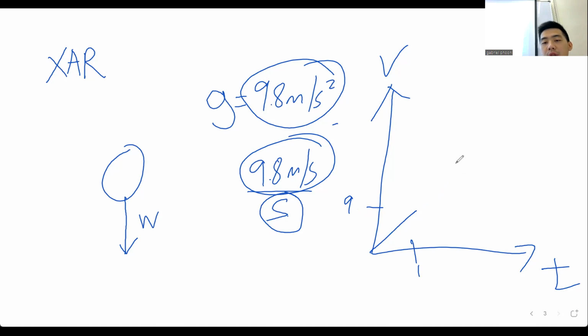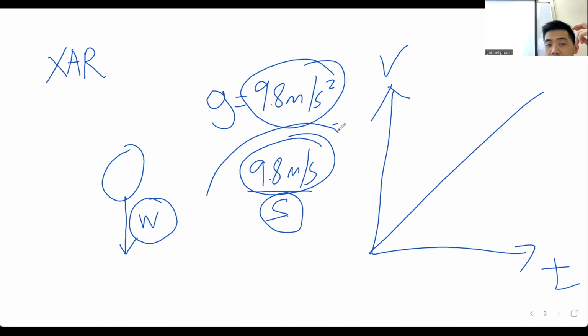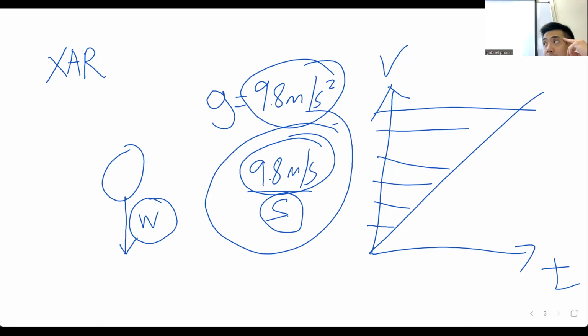So the graph will essentially look something like this. The graph will be one direct straight line because the only thing that acts upon it is gravity, and gravity accelerates the object constantly, so the speed keeps increasing constantly as time goes by as well, right? This is the understanding of gravity.